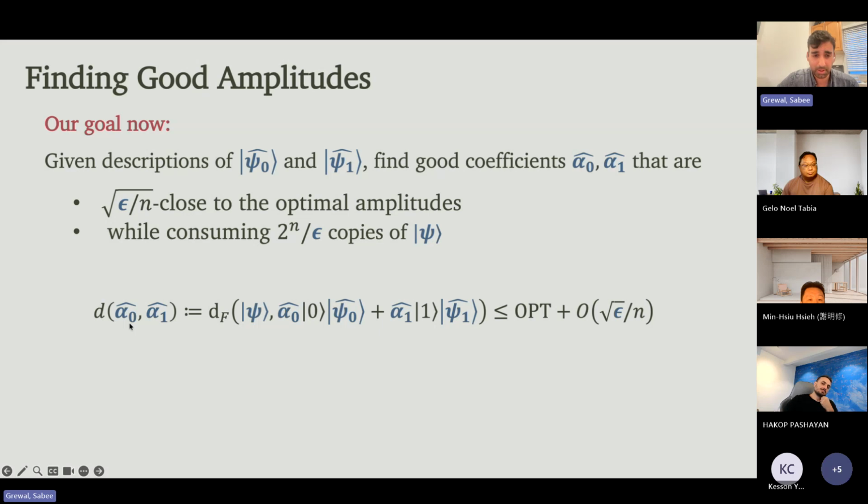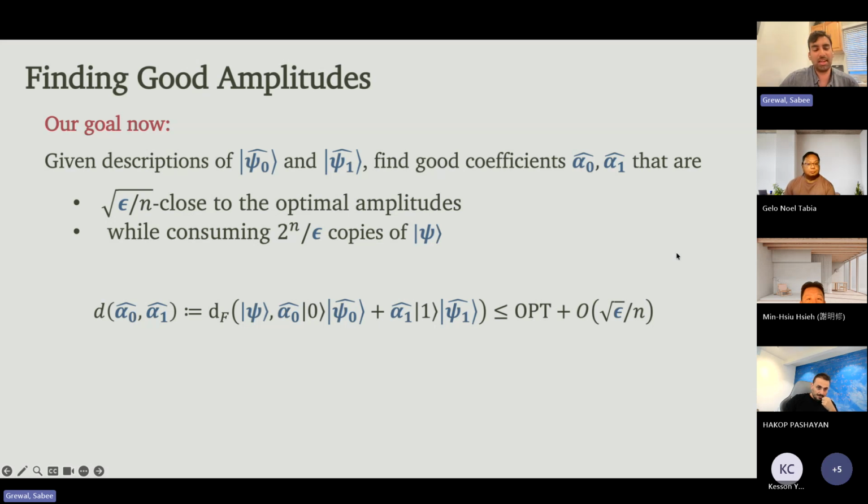We want to find choices of alpha 0 hat and alpha 1 hat so that this objective function is at most the optimal plus this root epsilon over n loss. And yeah, this is the right thing. This square root should not be over the n, but it doesn't matter too much. The thing in the top left is a typo. Anyways, we're trying to optimize this objective function and only incur this amount of loss.